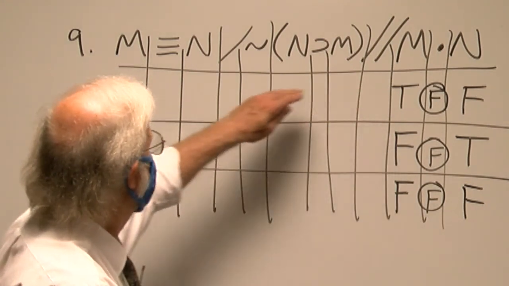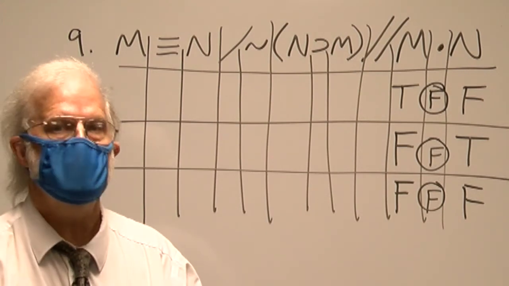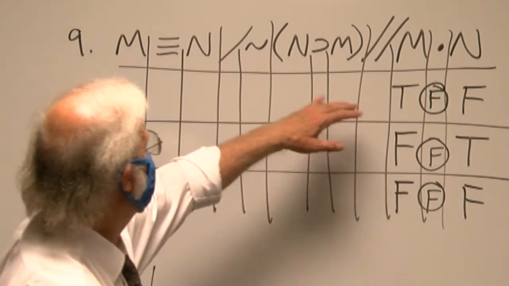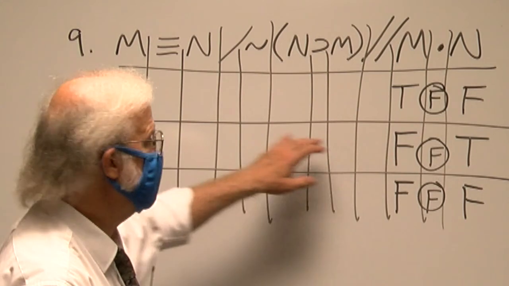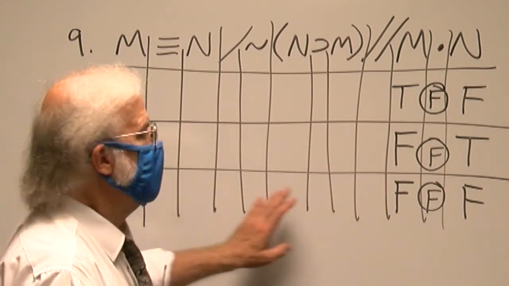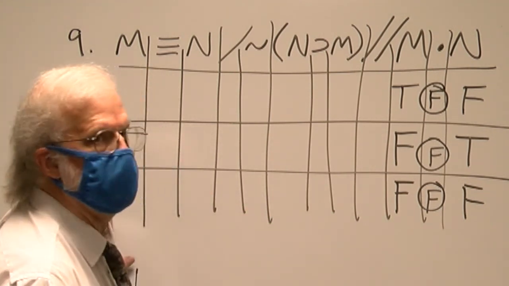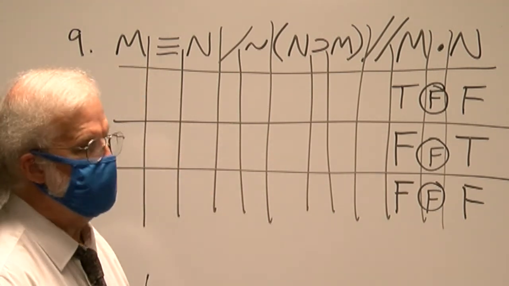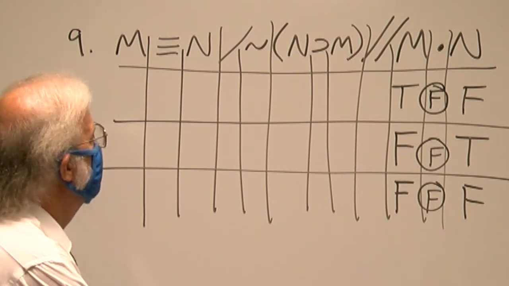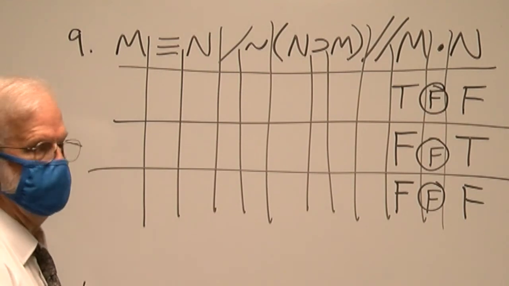If we can get a row without any contradiction, we stop and we're done and it's invalid. If we cannot get a row without any contradiction, we have to keep going. And if we get contradictions all the way down to the bottom, then we have to stop and say that it's a valid argument. Let's just go ahead.